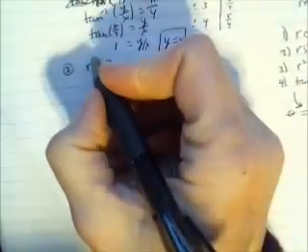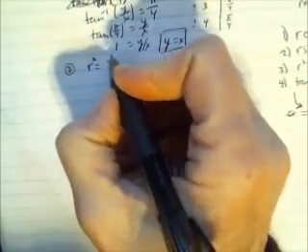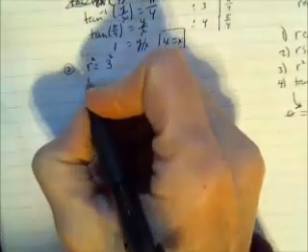The second example is r is equal to 3. Well, we don't have any direct replacements with just plain old r, but if we square both sides, we get r squared equals 3 squared, or in other words, r squared is equal to 9. And we can replace r squared with x squared plus y squared.